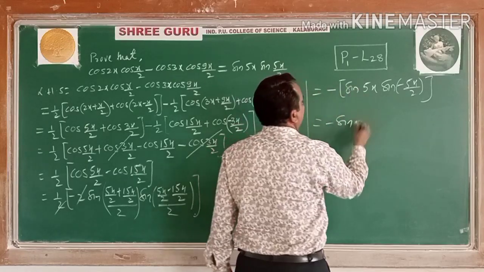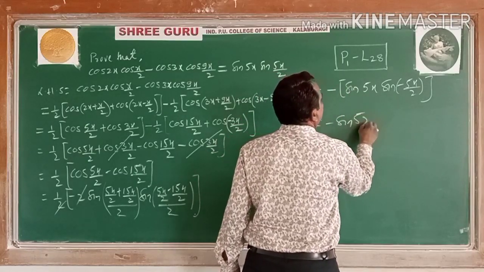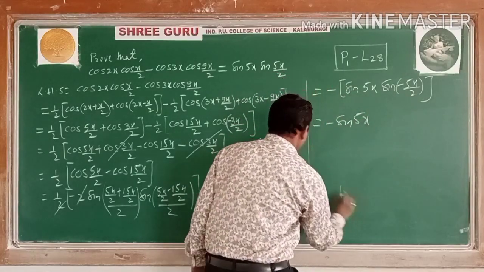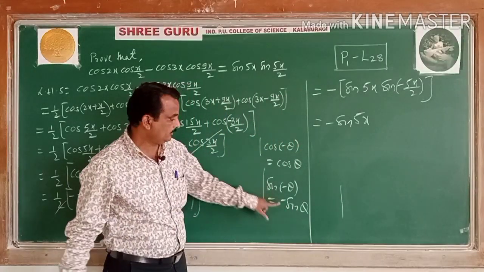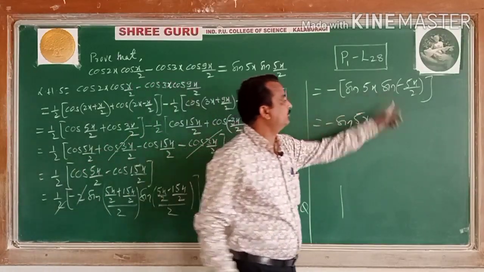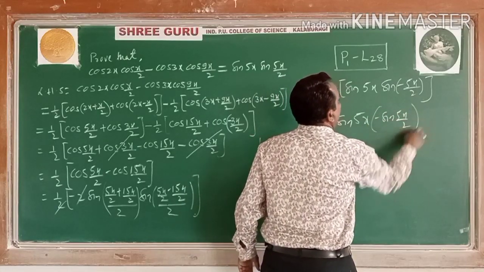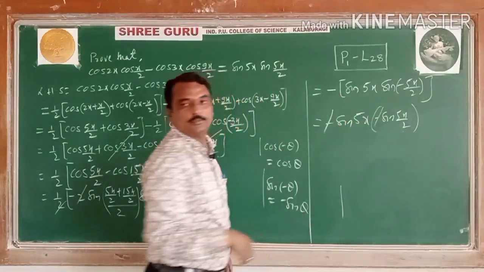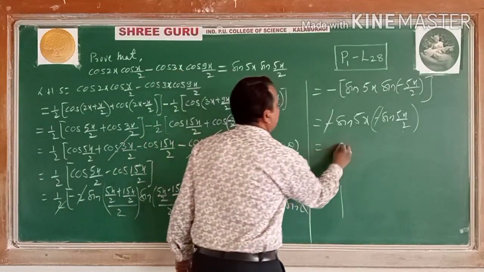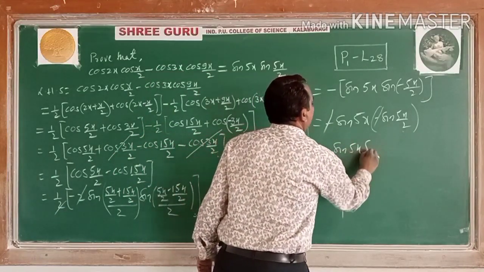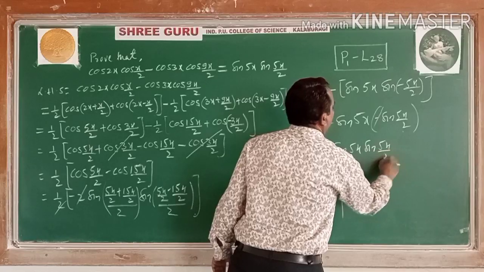Minus of, this minus sign I have taken, sin 5x into, what is sin of minus theta? I have just discussed it. What is sin of minus theta? Minus sin theta. So this negative sign comes outside: minus of sin of 5x by 2. This minus minus becomes plus. So it is sin 5x into sin 5x by 2.